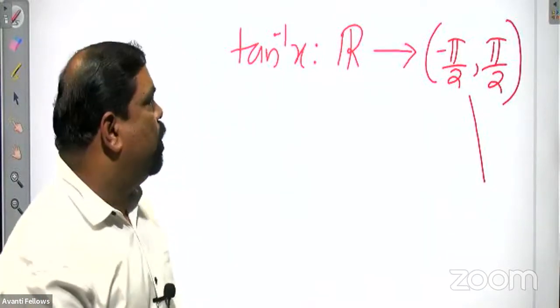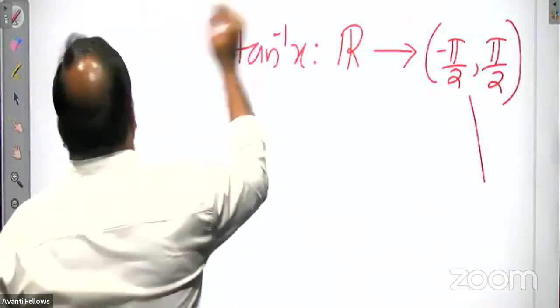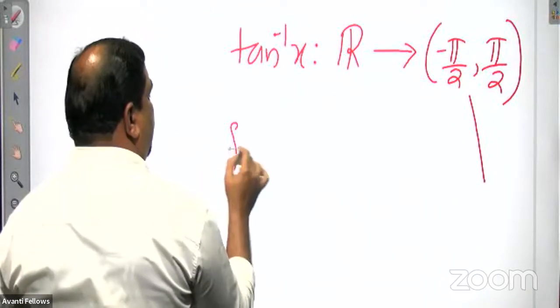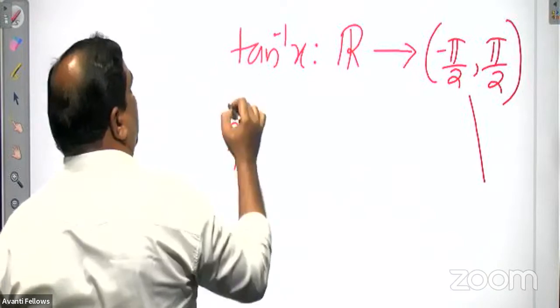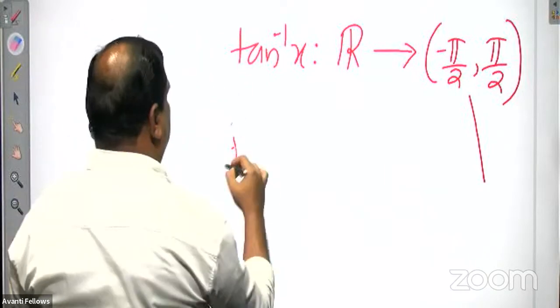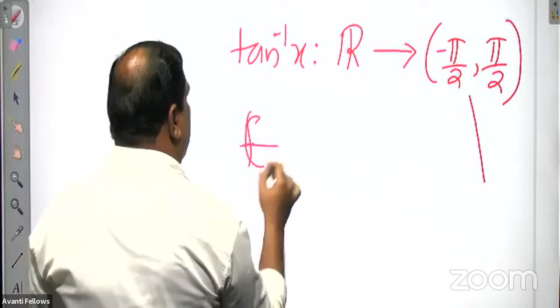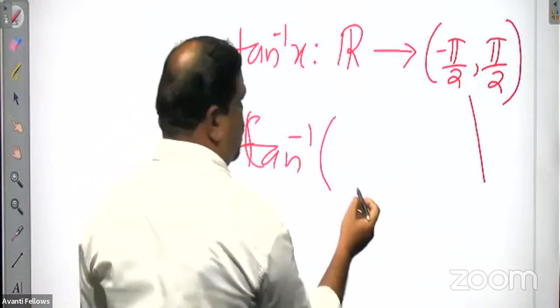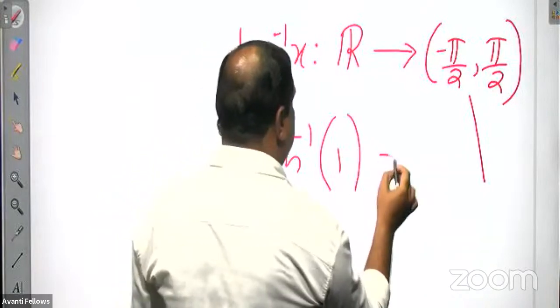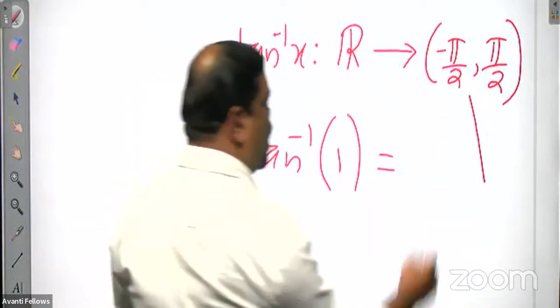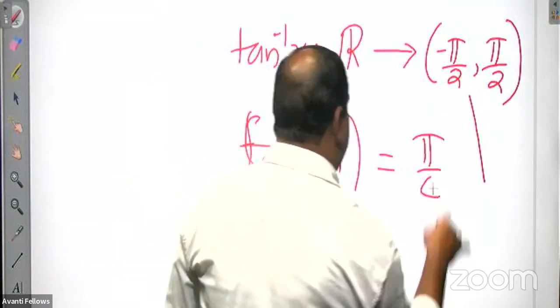Now, let me take some particular numerical values. What will be the value of tan inverse 1, for example? Very simple value. Tan inverse 1 must be pi by 4 because tan pi by 4 is 1.